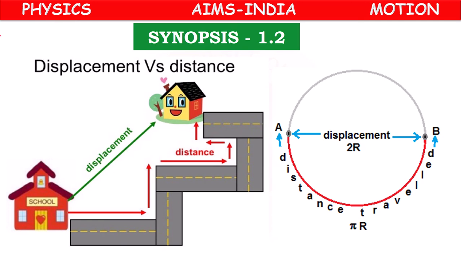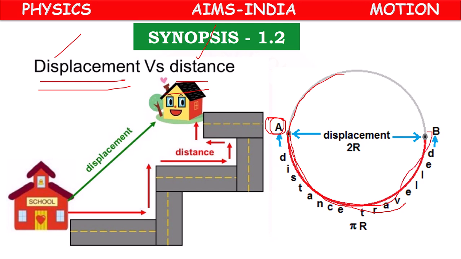Okay. So like that, during the motion of the body, we will come across two physical quantities, distance and displacement. Whereas if you observe this circle, the journey started from point A. From point A, suppose it traveled up to point B. So any object is traveling from A to B. So this is the original curve along which the object is traveling.